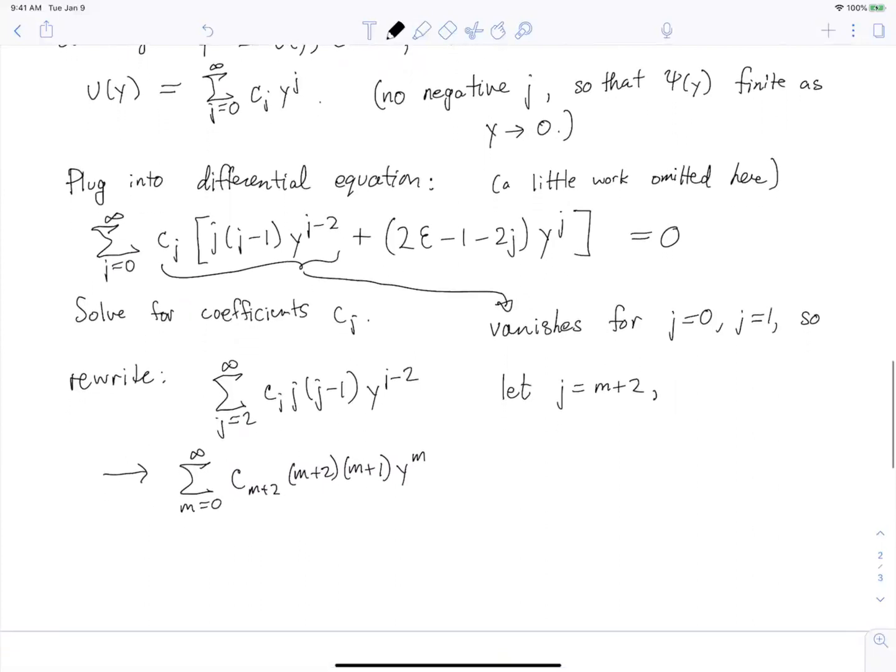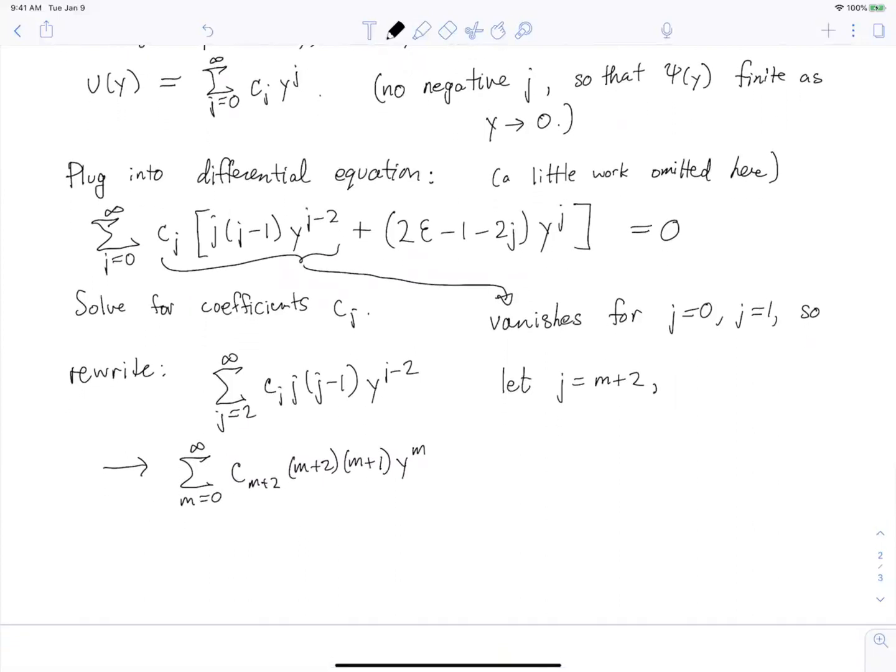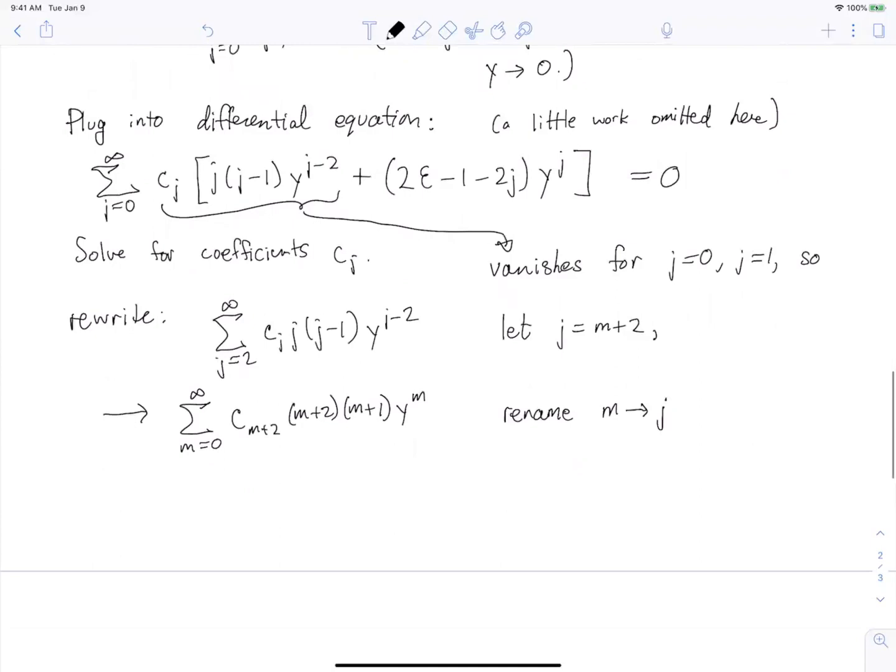Now, having done that, we're going to rename m as j. It's something we're summing over anyway, so we can call it anything we want. And so that first term is equal to the sum j equals 0 to infinity of c sub j plus 2, j plus 2, j plus 1, y to the j.